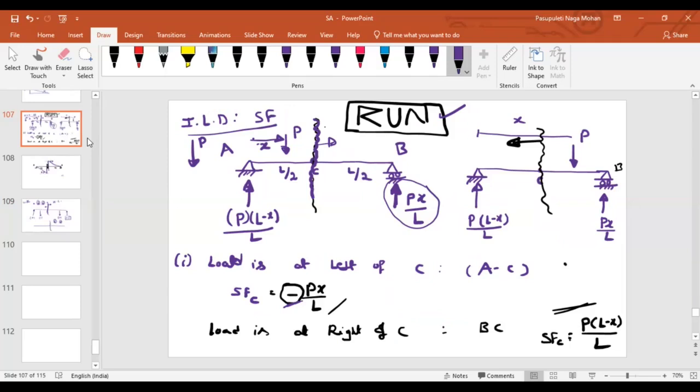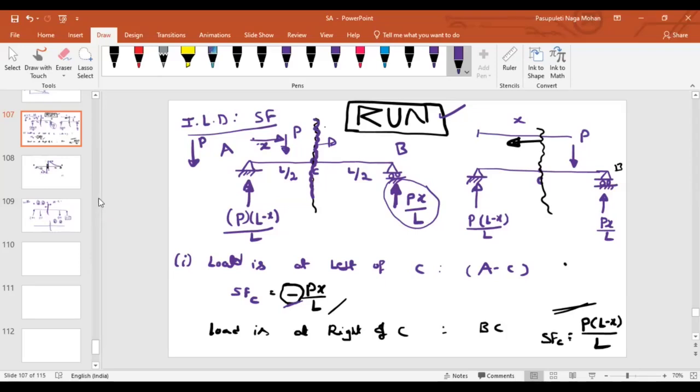Left down is negative. Okay, left down is negative. Right up is negative. Either you want to take it from the left side, you can. No, sir, now I'm clear. If we take the load, the sign is okay, sir.